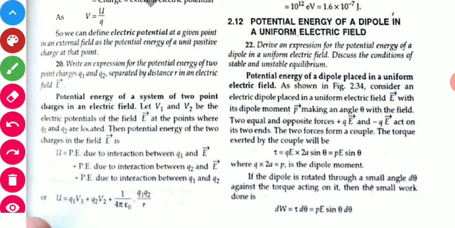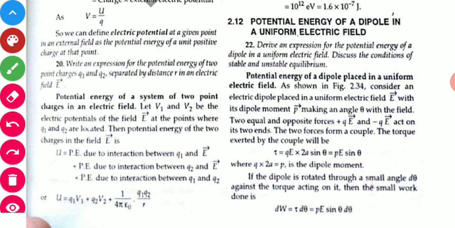Now students, here we consider that V1 and V2 are the potentials at the points where the point charges Q1 and Q2 are located. At that point, the potentials are respectively V1 and V2.